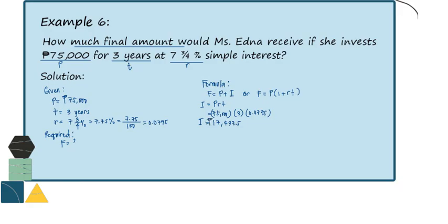And then, this is not yet the final amount. Because again, our final amount is the sum of the principal and the interest. So, we are going to add this value to the interest. So, F is equal to P plus I. So, our principal amount is 75,000 pesos plus 17,437.5.